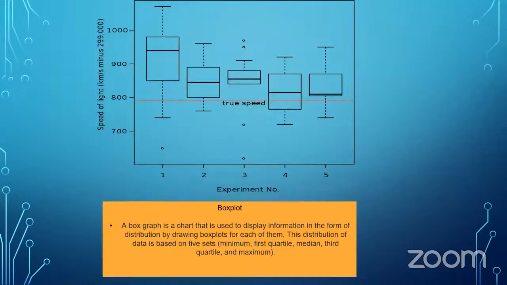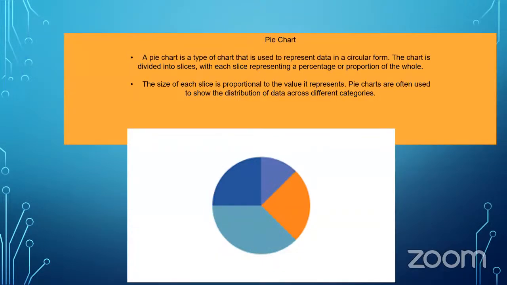So the pie chart is a type of chart that is used to represent data in a circular form. The chart is divided into slices, with each slice representing a percentage or proportion of the whole. The size of each slice is proportional to the value it represents.